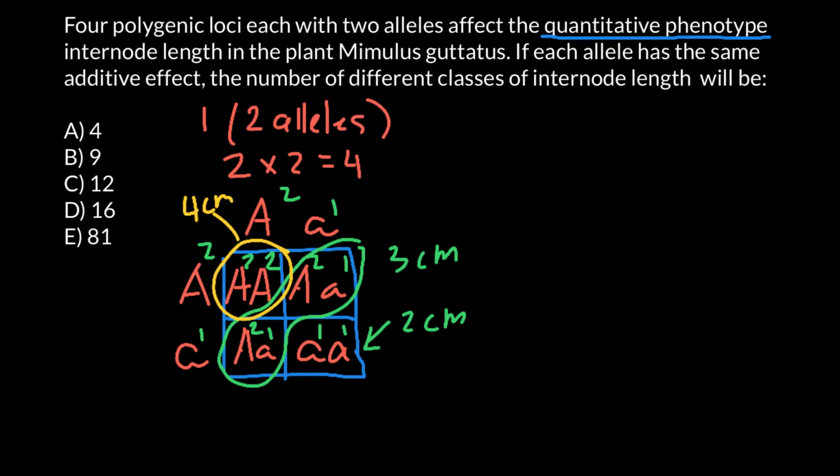Now let's follow the logic. With 2 genes and 2 alleles for each gene, the total number would be 4 alleles. In the first case we had gene A with 2 alleles.